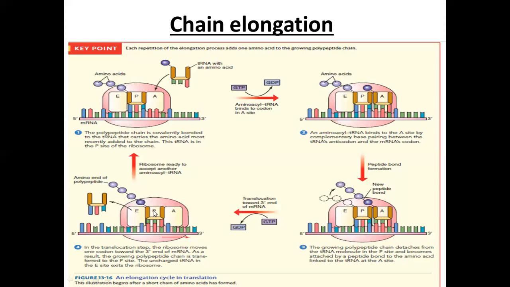And then it opens the A site and exposes a new messenger RNA codon. The empty tRNA that binds itself in the E site is then ejected from the ribosome into the cytosol or the cytoplasm.